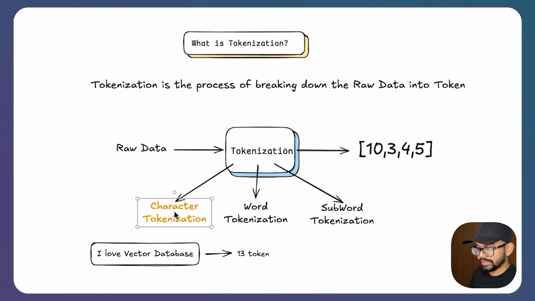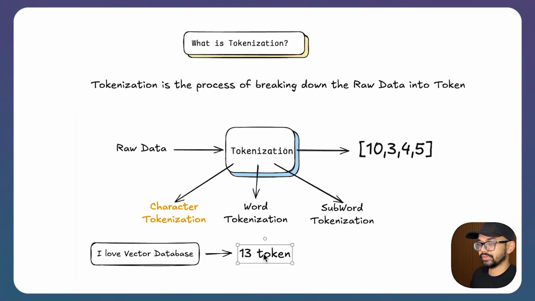The problem with character-based tokenization is that the number of tokens would be huge, and that's not an optimal solution. Just imagine, for this small sentence you would have 13 tokens.